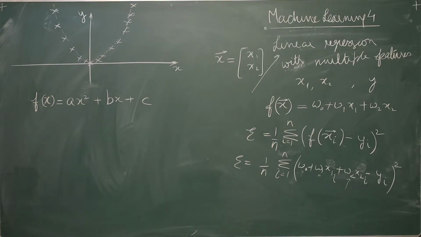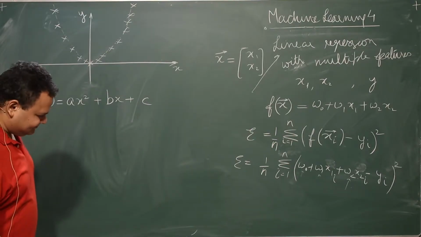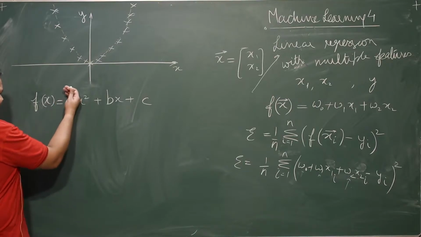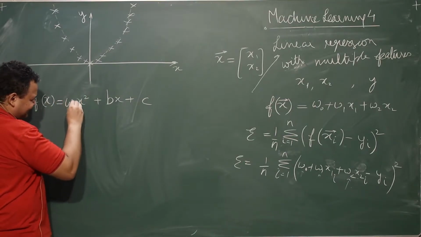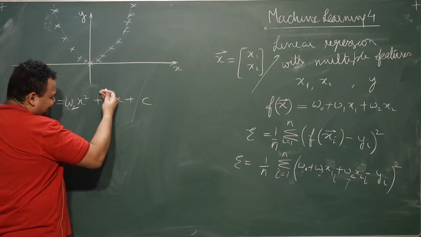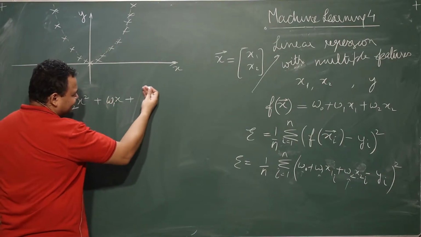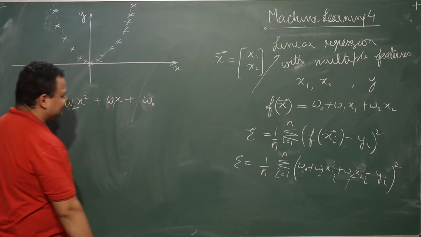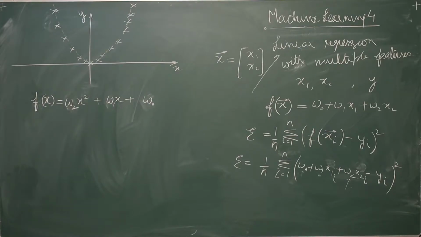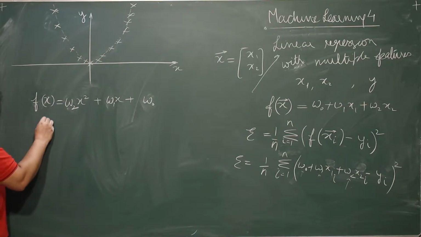Now let me make a slight change. Let us call these w2, w1 and w0. And let me change a couple more things.